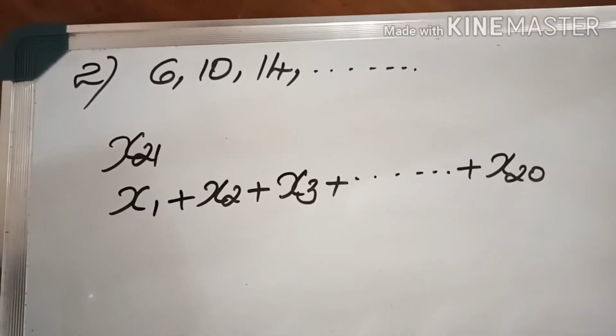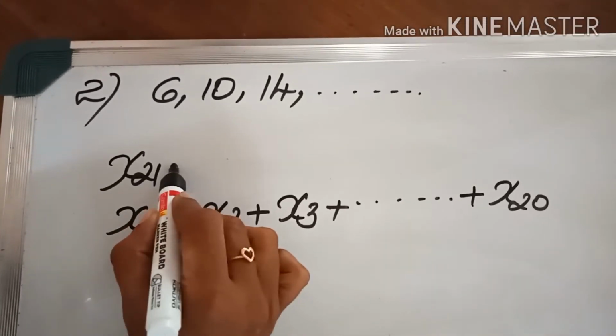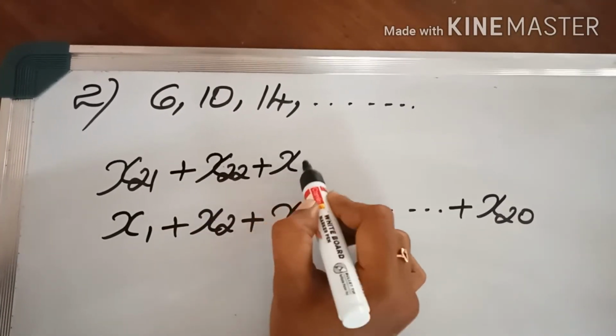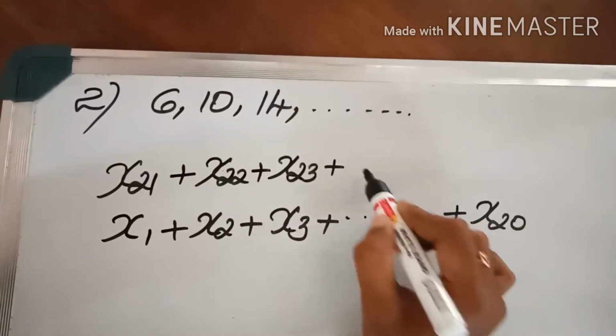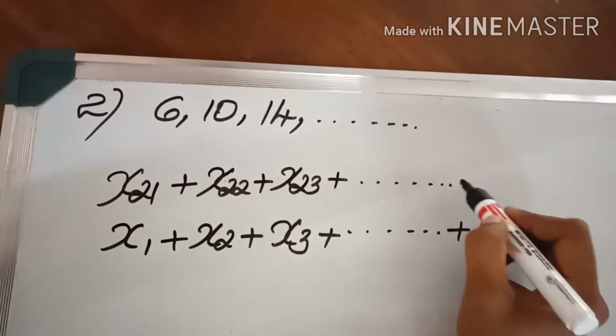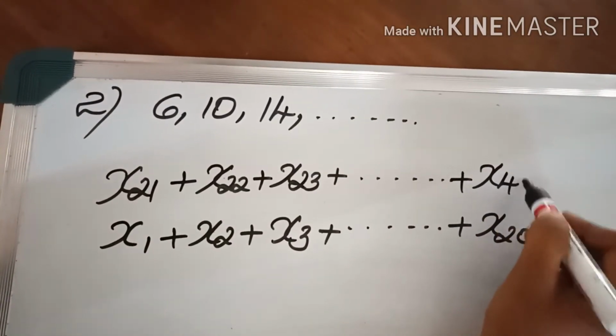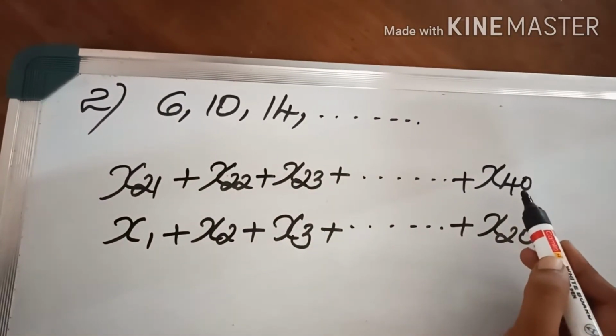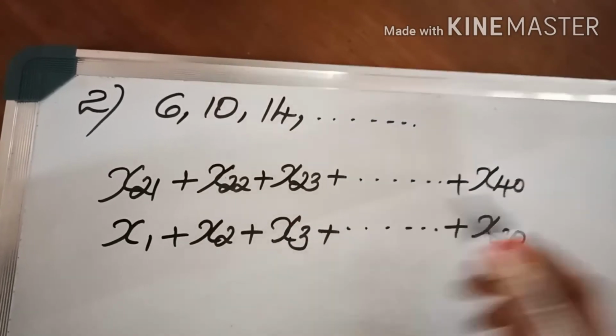From the 21st term we will start. So x21 plus x22 plus x23 plus etc. up to x40. Okay, so this is the first 20 terms, this is the next 20 terms. We have to find the difference.